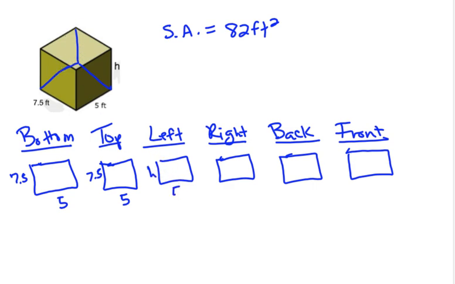We just put that in there. The right-hand side is the same, h by 5. The back is 7.5 by h. And the front is the same, 7.5 by h. All right, so we're going to multiply what we can. So you have 7.5 times 5.